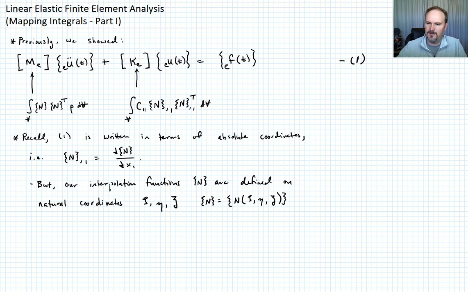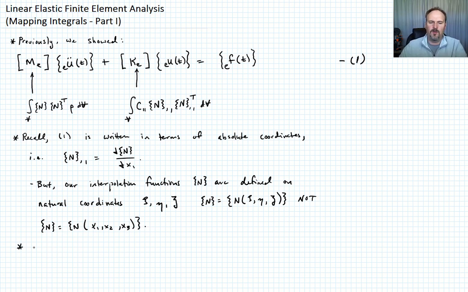Not that we couldn't write it some other way, but that's not how we've written it. So it's written as a function like this, not as a function of, let's call them x1, x2, x3, like our integrals are in.